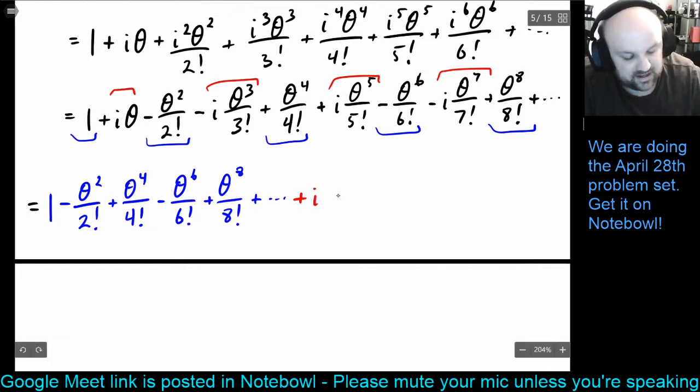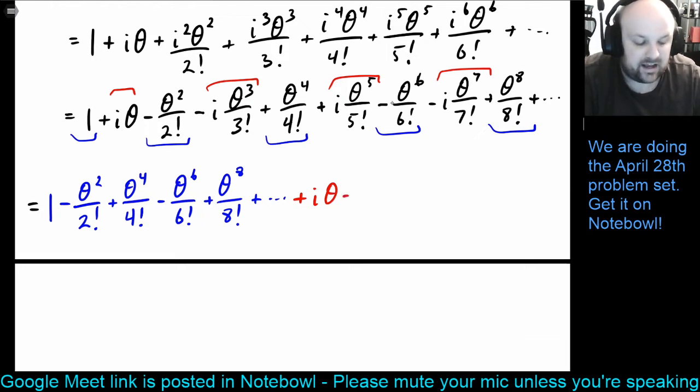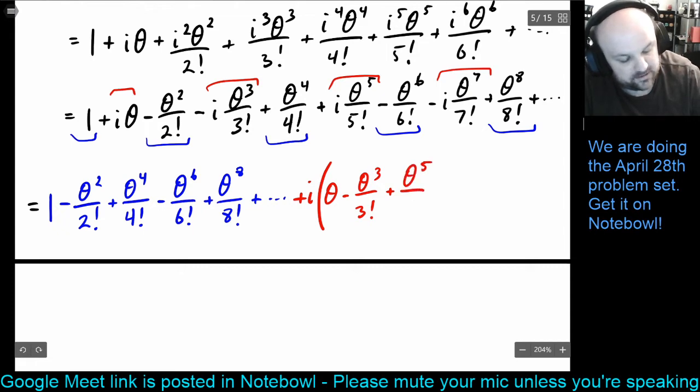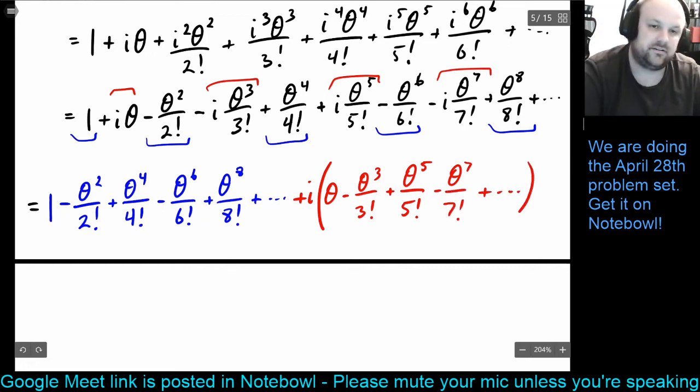This is plus i times, in fact, let's factor out the i from all of these. So we'll have theta minus theta cubed over 3 factorial plus theta to the 5th over 5 factorial minus theta to the 7th over 7 factorial, and then that pattern continues.